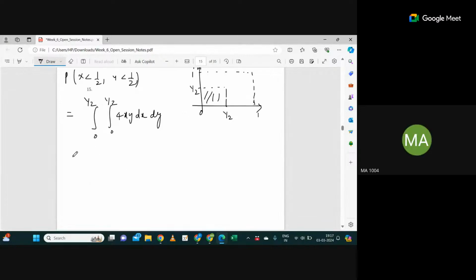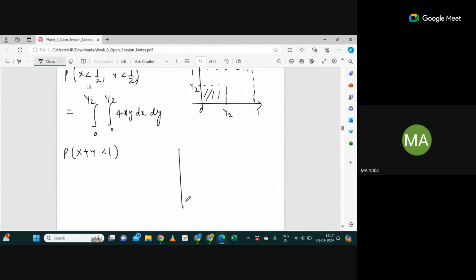Correct. If I'm saying probability x plus y less than 1, suppose this is 1 on the y-axis, this is 1 on the x-axis, and this is 0. Then x plus y equal to 1 will be this line, and this is the area which we have to find. So tell me the limit of x.